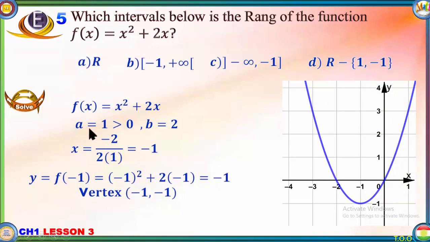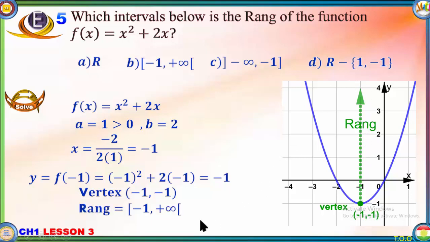Because the leading coefficient is positive, or the sign before x squared is positive, the range begins from minus 1 to the positive infinity, as you can see in the graph of the function. The range is minus 1 to the positive infinity. B is the correct answer.